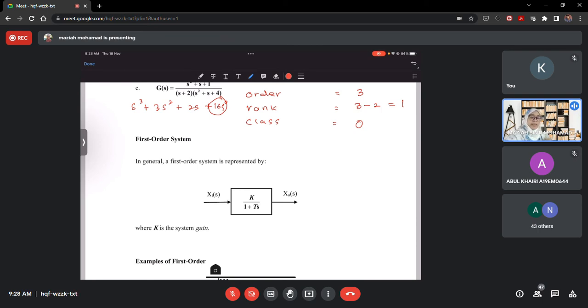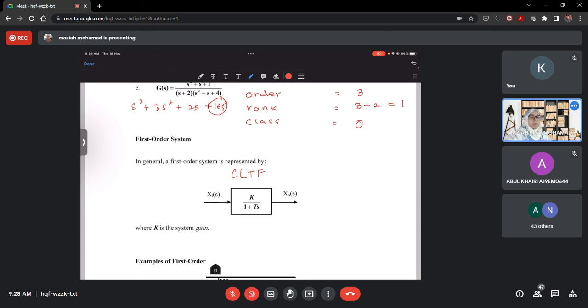Okay, so the general transfer function for the first order system is K over 1 plus Ts. Okay, remember this is the closed loop transfer function. So the general transfer function is K over 1 plus Ts.